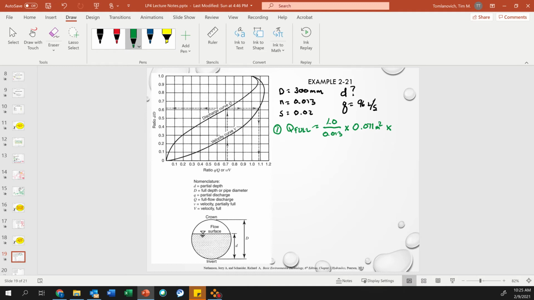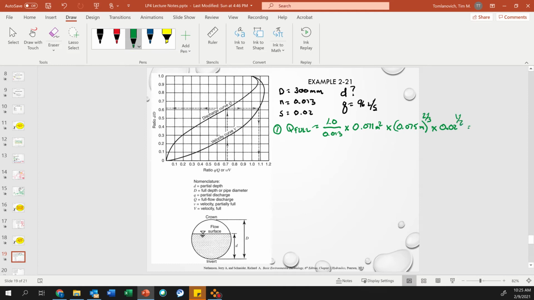So that is 0.3 divided by 4, and that is 0.075 meters, and we raise that to the 2/3 times my slope is 0.02, and we raise that to the 1/2.